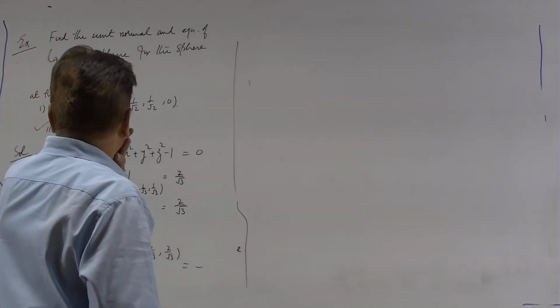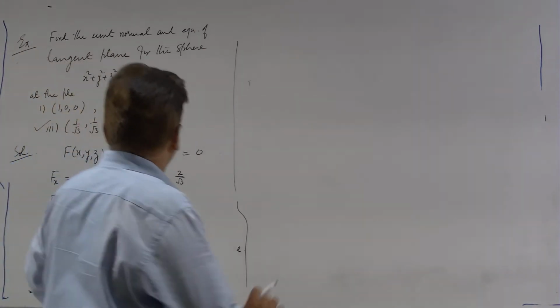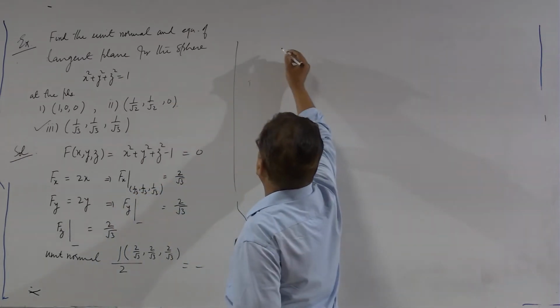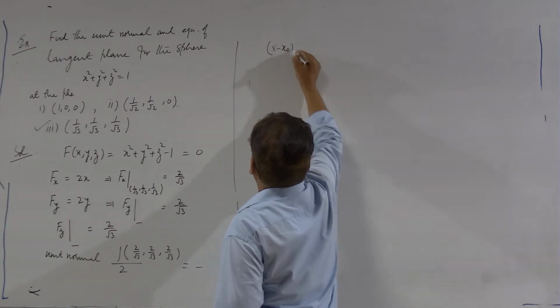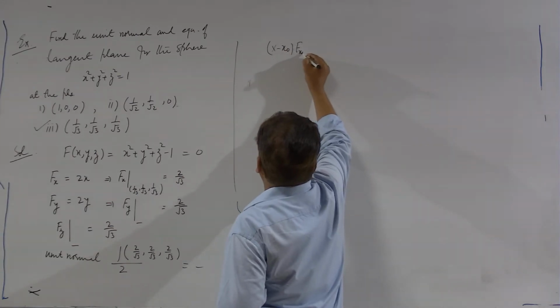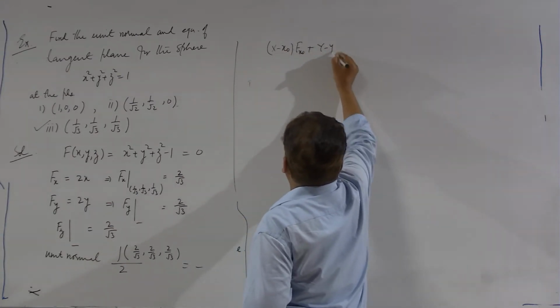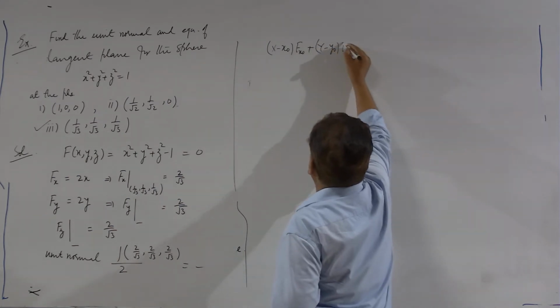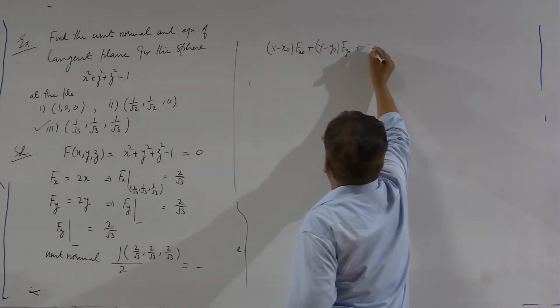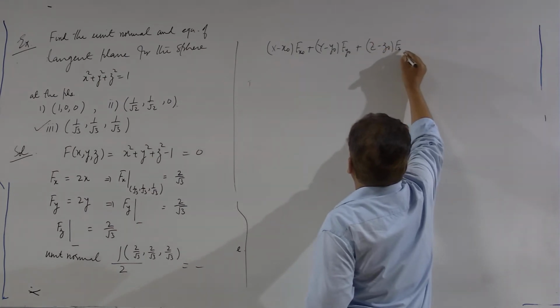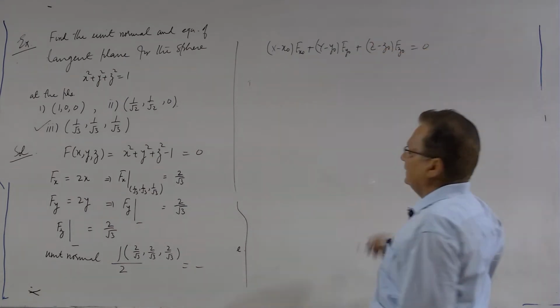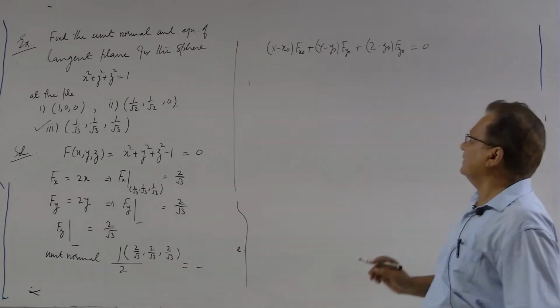And now we have to find the tangent plane. So the tangent plane is given by the equation x minus x 0 into f x 0 plus y minus y 0 into f y 0 plus z minus z 0 into f z 0 equal to 0. This is the standard equation of the tangent plane.